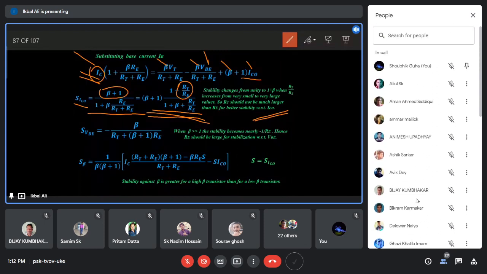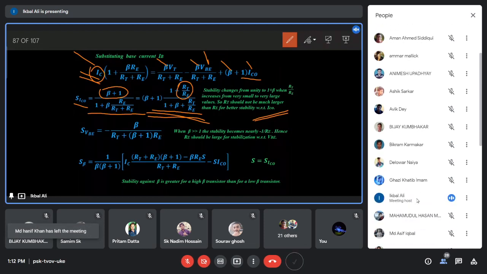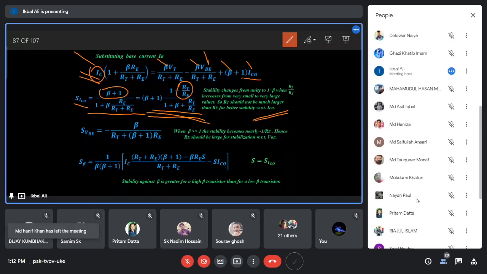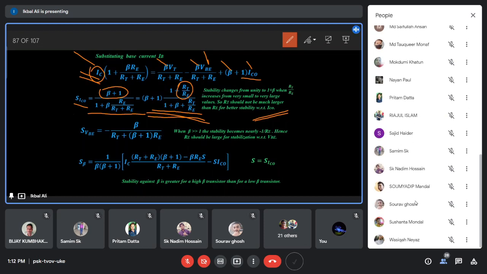But if the RT by RE is very, very large, then the 1 plus beta will go down. You can neglect it. Then it will become 1 plus beta. So SICO actually varies from 1 to 1 plus beta for RT by RE from very low to very high value.